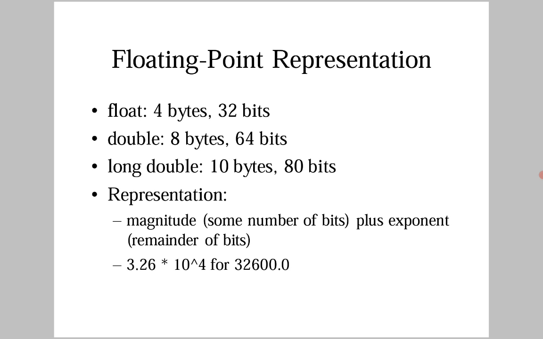Float occupies 4 bytes or 32 bits. Double occupies 8 bytes or 64 bits. Long double occupies 10 bytes or 80 bits.